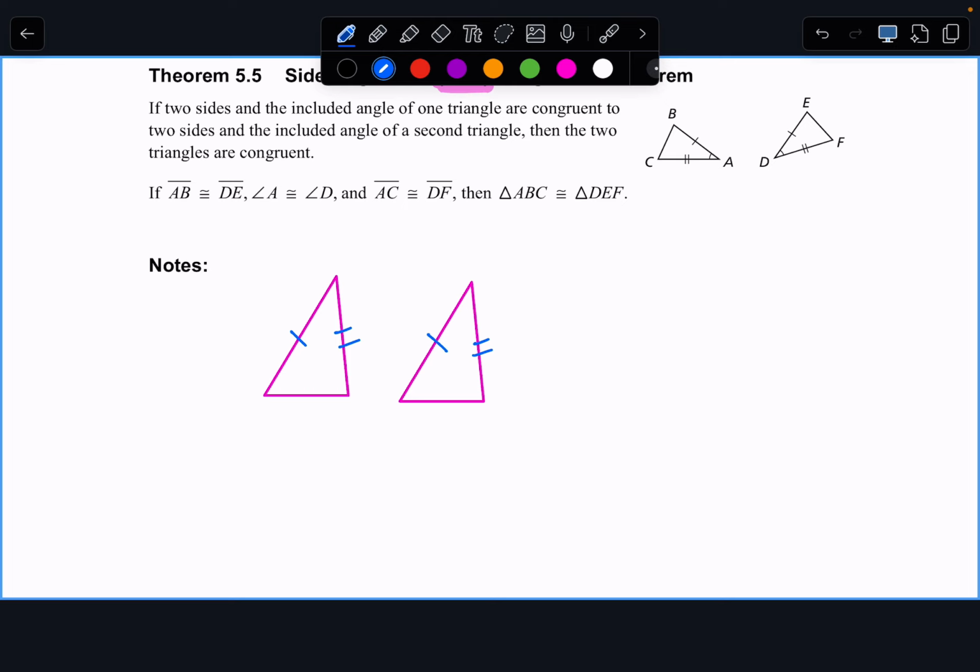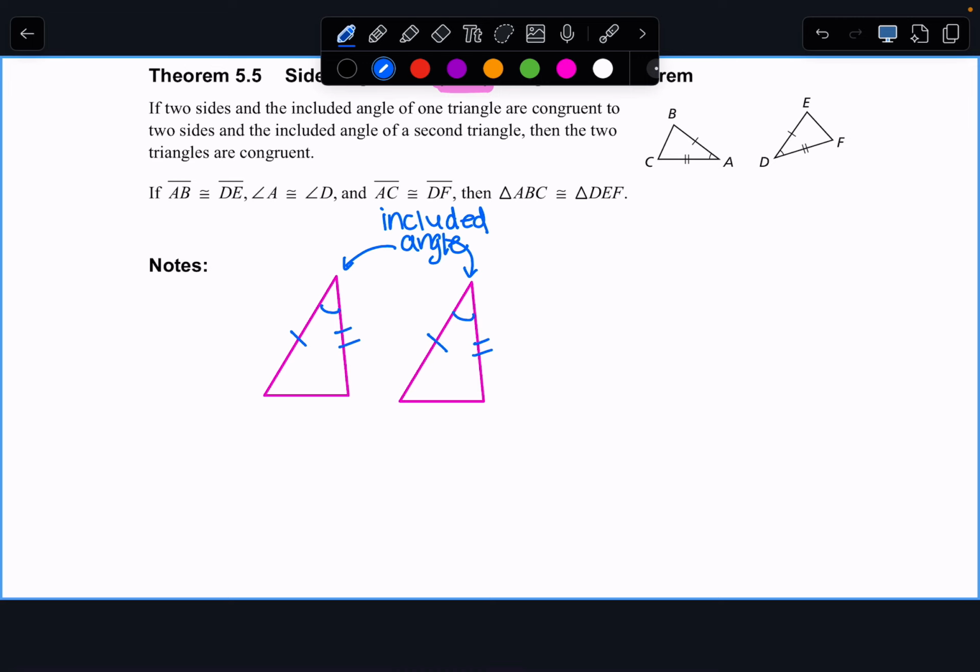Okay, it's in between. So where those 2 sides meet, we call this the included angle. Okay, if we're talking about side, angle, side, triangle congruence, then we're talking about 2 sides and the included angle.